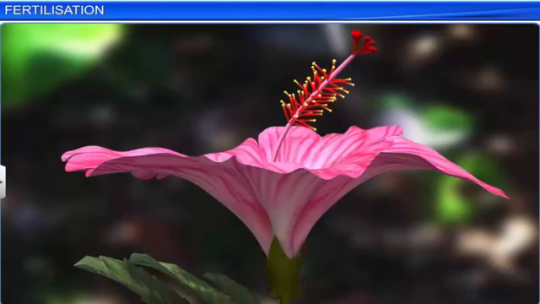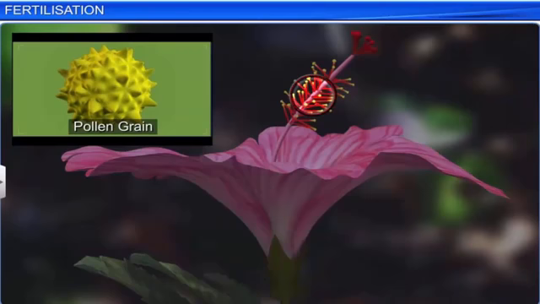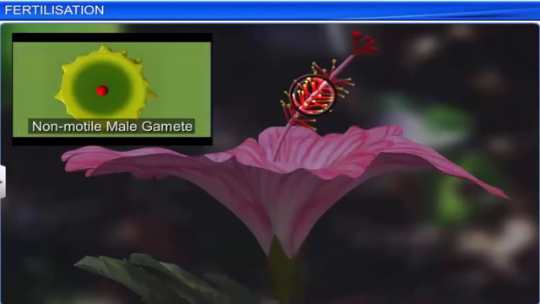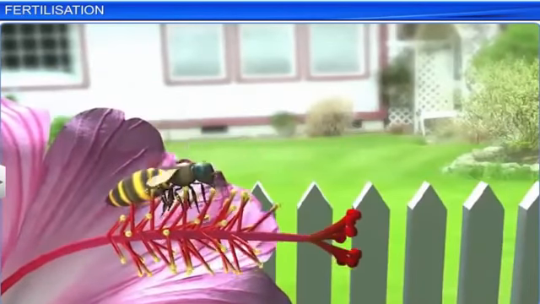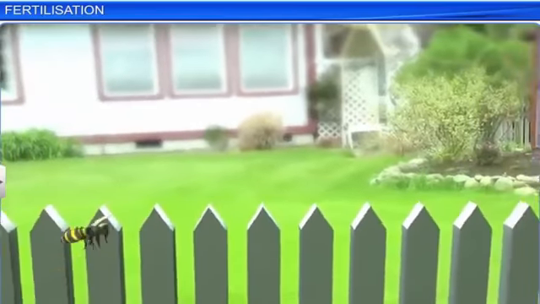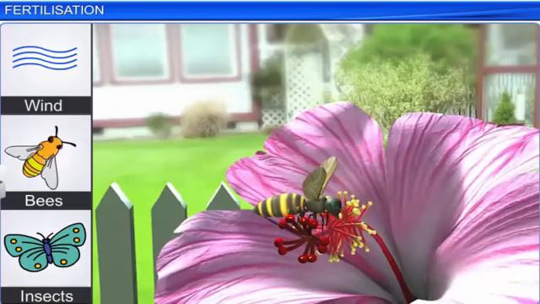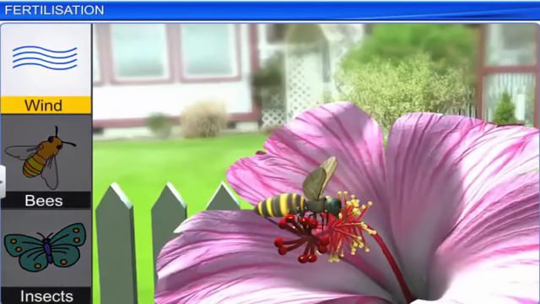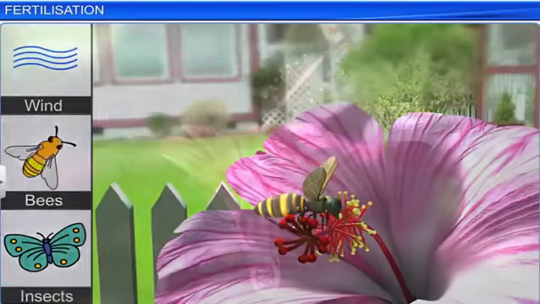In seed plants, for instance, the pollen grains present inside the anther bear non-motile male gametes. These pollen grains, therefore, depend on agents such as the wind, bees, and insects to carry them to the stigma.